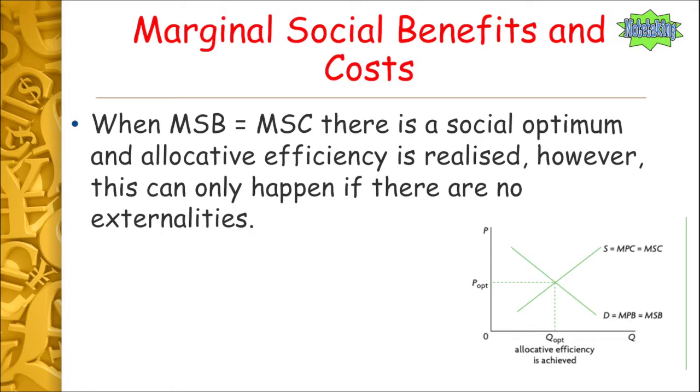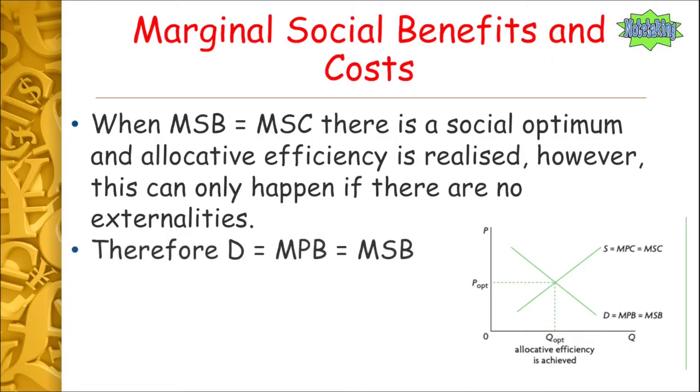So in other words, as shown in the diagram, if we have no externalities, well then the social cost is the same as the private cost. So in the diagram there you can see our supply curve is equal to our marginal private cost, which, if there's no externalities, is the same as the marginal social cost, which will be the same with demand from the consumption point of view. Our marginal private benefits equal our demand curve, which, if there's no externalities involved, is equal to our marginal social benefit curve.